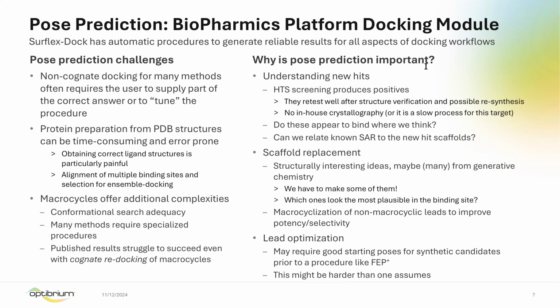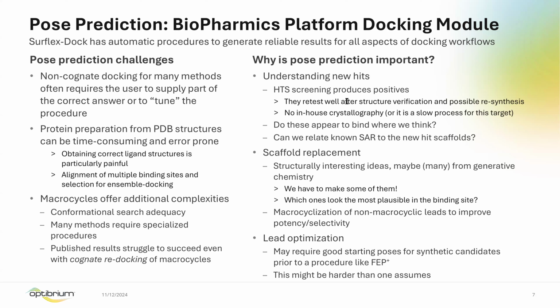So why is this important? I think most of you probably know these things, but for us, we've worked with a lot of different companies over a lot of different years. So we've seen many applications of the need for really understanding how a protein binds a ligand, how that ligand fits. One is obvious. If you do high throughput screening, you get some positives.